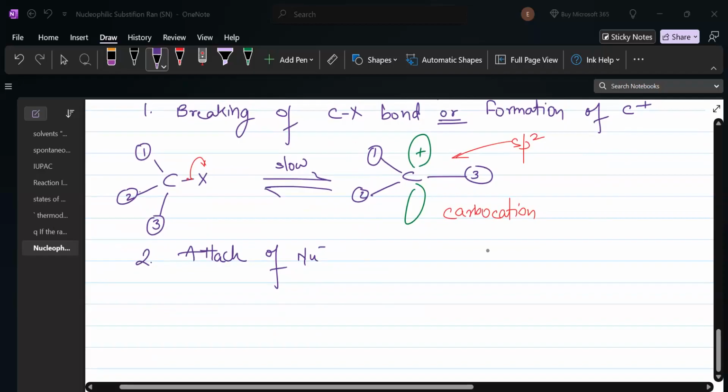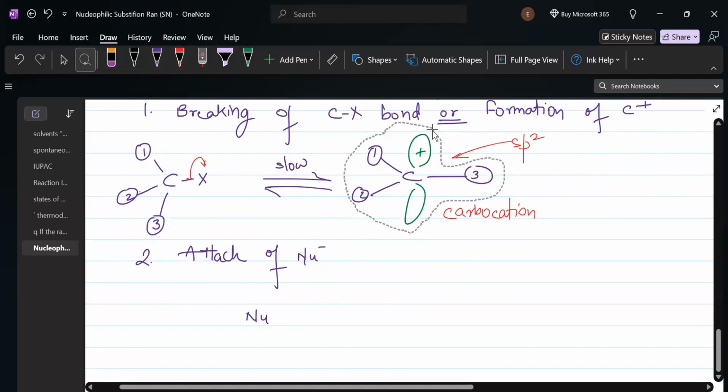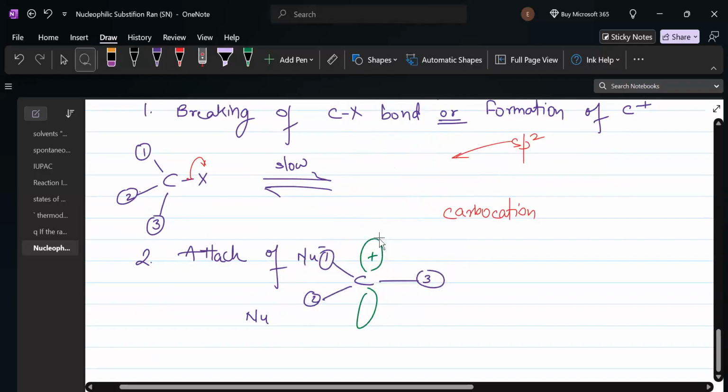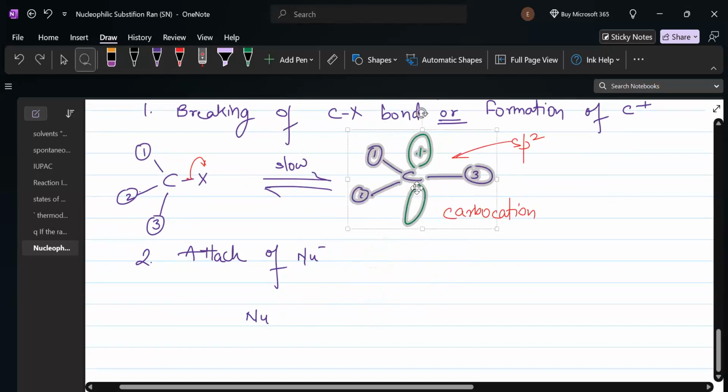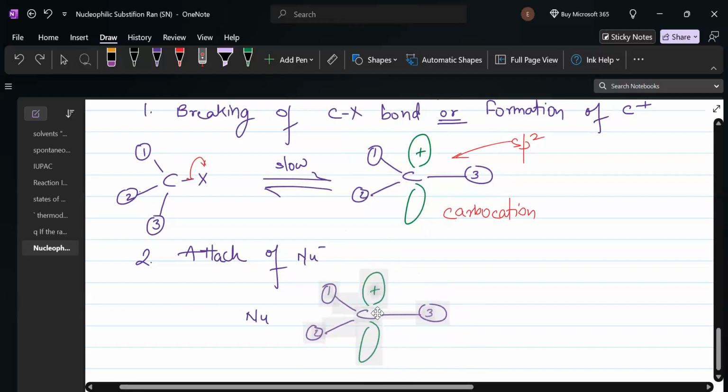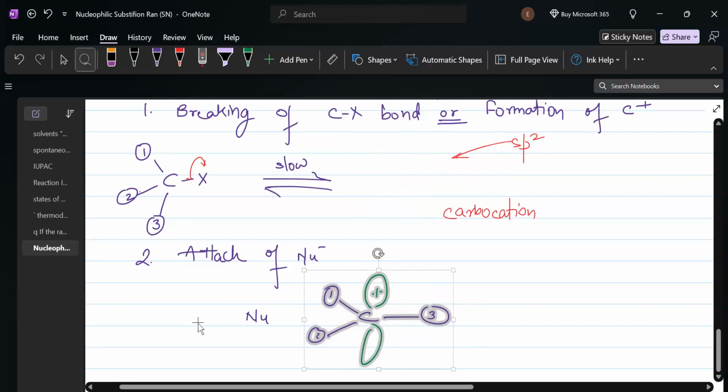This carbon, this nucleophile, let's copy this. See what will happen.